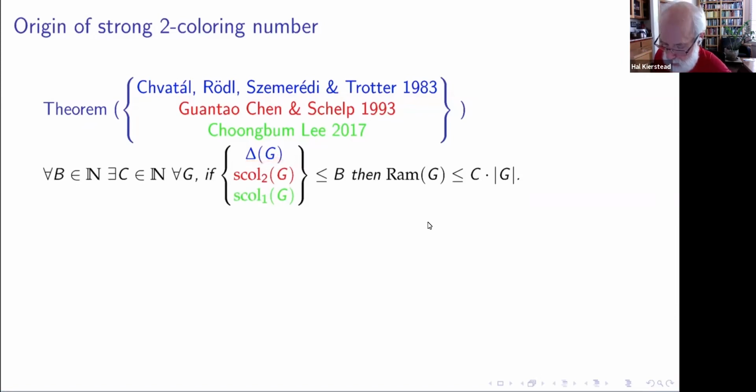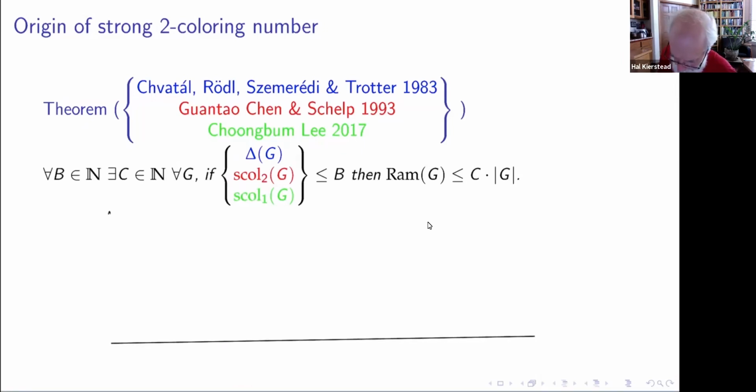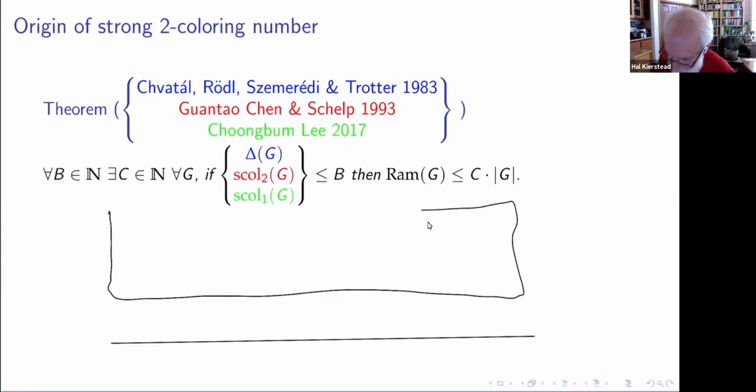Bounding the strong 2 coloring number comes in between. Planar graphs, for example, have bounded 2 coloring number, but not bounded maximum degree. So I'd like to say something about the combinatorics of these two arguments. Of course, I'm not going to touch the regularity stuff. But the idea is that you have your graph G, with some ordering of the vertices, and you have a big graph that you're trying to find G in.